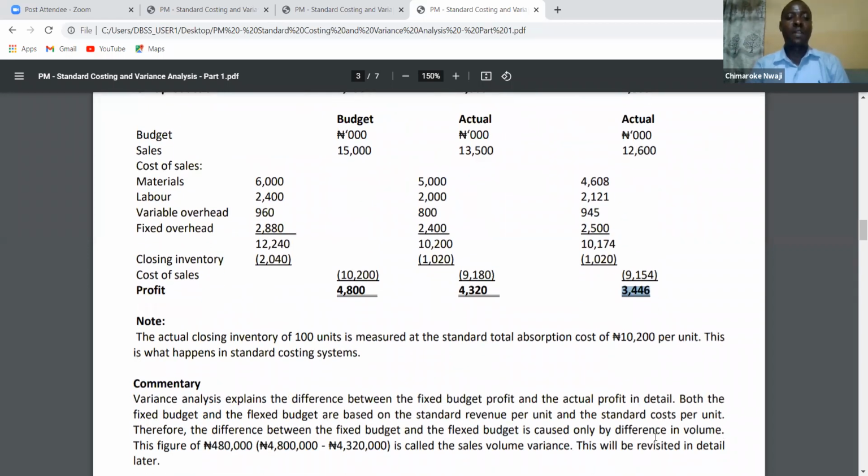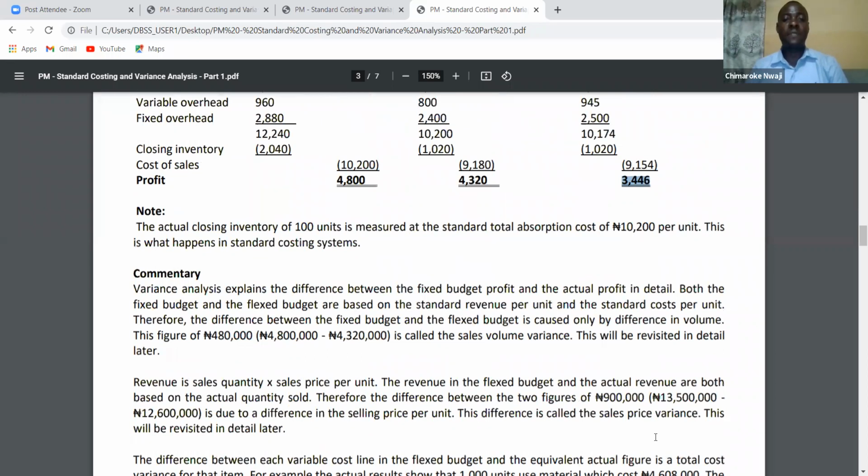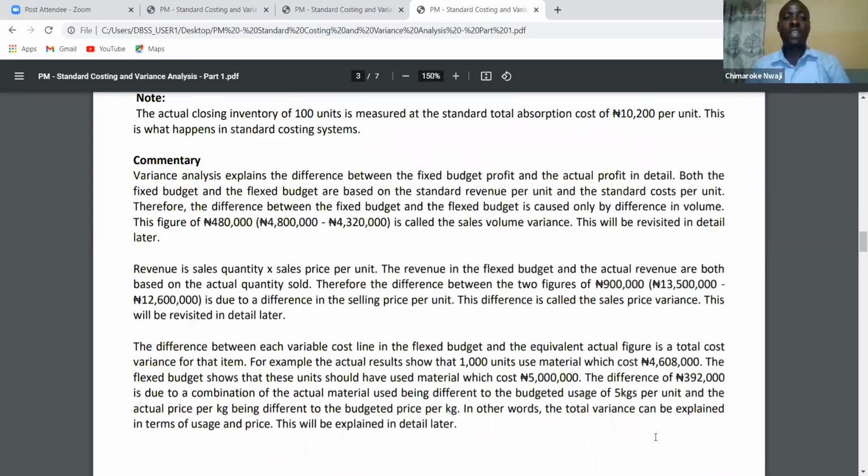Now, all these things I've said here can be found in the commentary. The variance analysis explains the difference between the fixed budget and the actual result in detail. Both the fixed and the flex budgets are based on standard revenue and standard costs.